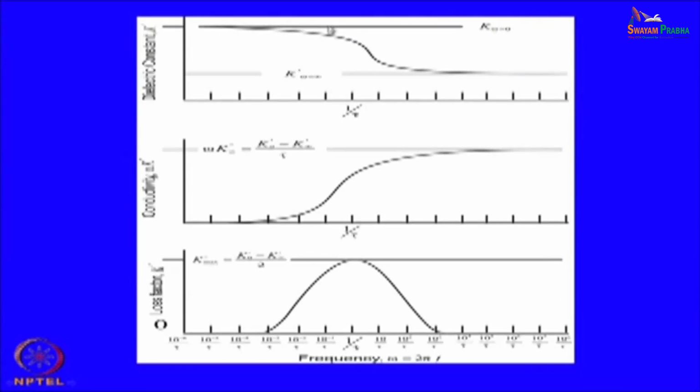So, there is a frequency independent region, then there is a transition, and then once again a frequency independent region. This is a very general characteristic of any dielectric so far as the frequency dependence is concerned.